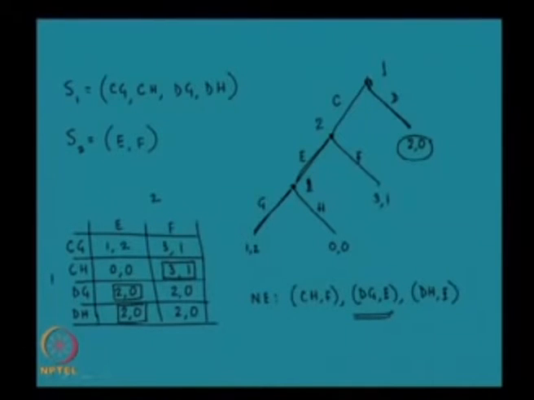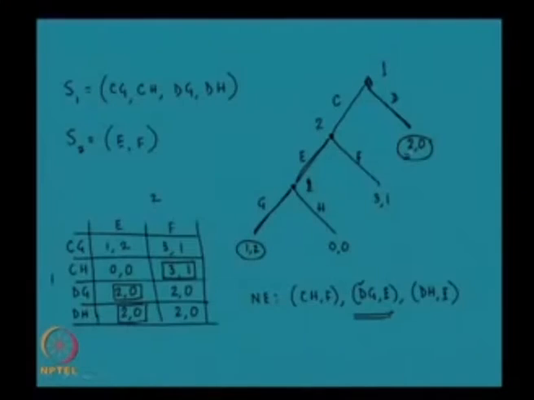Here, if he deviates and chooses C instead of D, then given the other actions specified by this strategy profile, we shall reach this terminal history C, E, G, and therefore he will get 1. 1 is less than 2. Therefore, there is no point for 1 to deviate as far as the action after empty history is concerned.